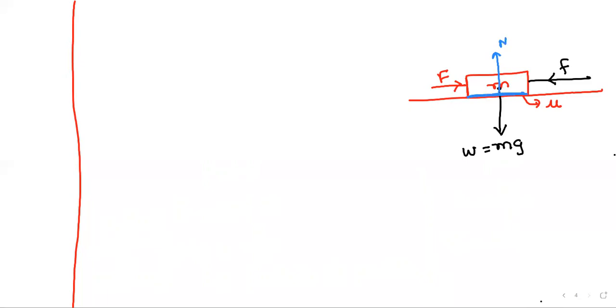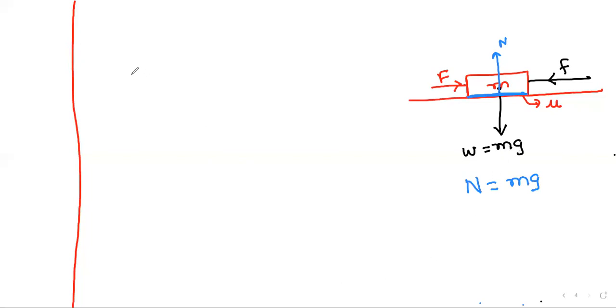Along the vertical direction, the object is not in motion. So however much upward force there is, that much downward force is present. So I can write N is equal to mg.